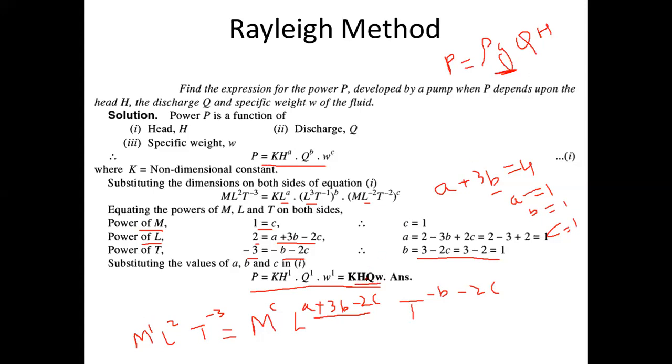If you do the experiment, you will find that K is equal to 1. There is no need to do it in this place, but I am just telling you for information. In this relation, K will be equal to 1 experimentally. So this is the final relation, KHQW, using the Rayleigh method.